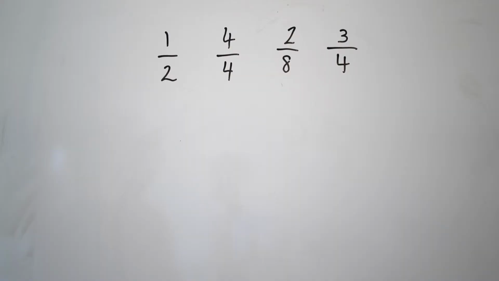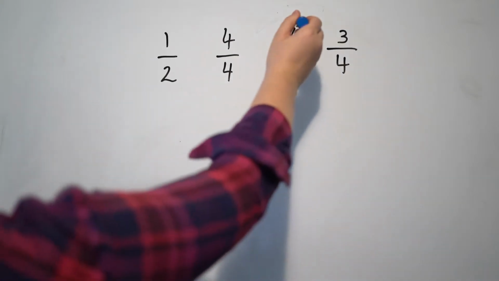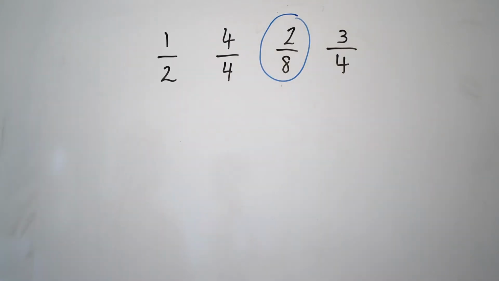So what happens when we don't have a number line to order our fractions? Well, we have to convert our fractions so they have the same denominator. So for this example, I'm going to use the 8 as our denominator. This means that 2 eighths stays the same. Now I need to work out how to make all the other fractions into a number that has 8 as the denominator. Let's start with 4 quarters.